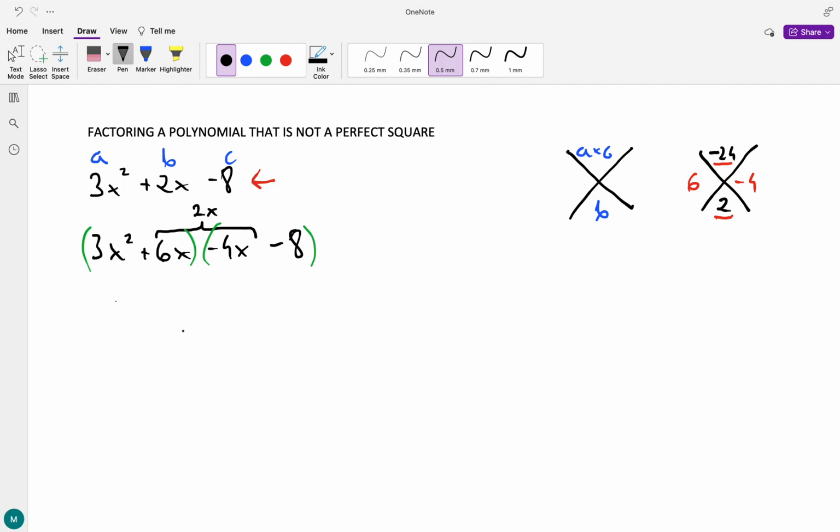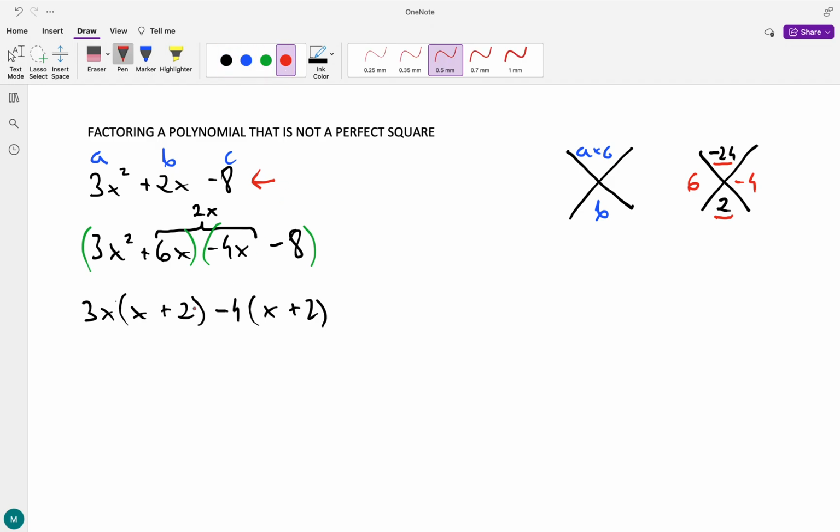From the first expression, let's see what we can factor out. I think the highest term that we can factor out is 3x. So when we factor out 3x from the first expression, we are left with x plus 2. And from the second expression, we can factor out negative 4, and we're going to have x plus 2.